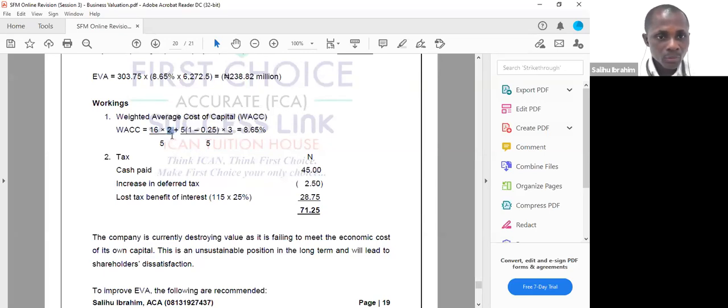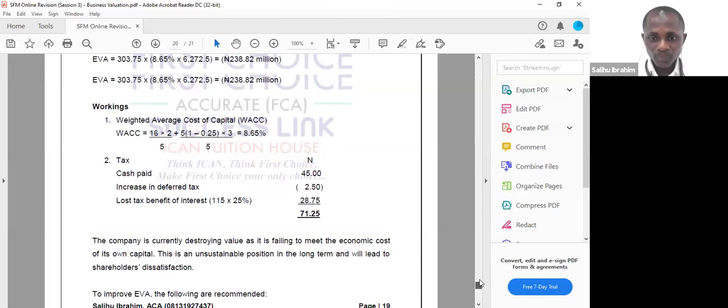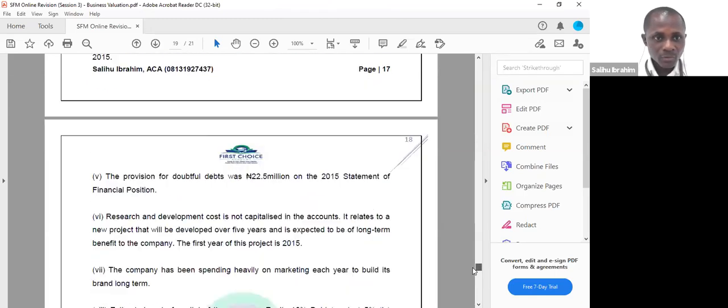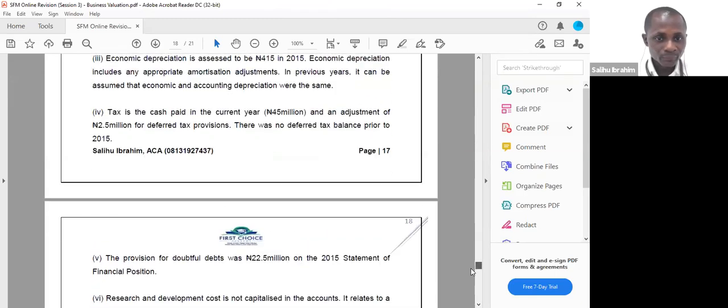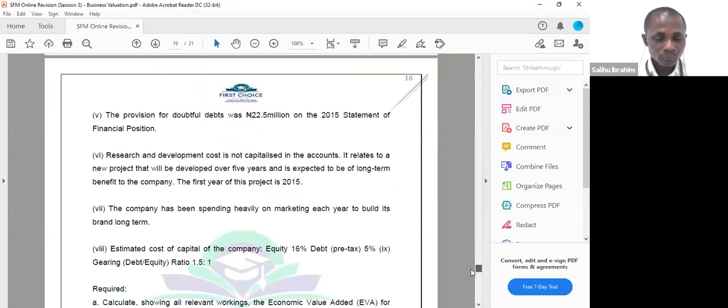It should be 3. Excuse me. Let me check that computation well. Let me go and check the gearing ratio, please, so that I'll be sure of what we are doing. It is 1.5 to 1.